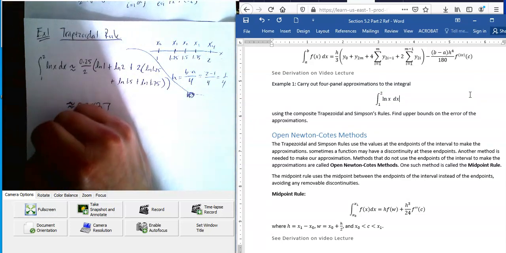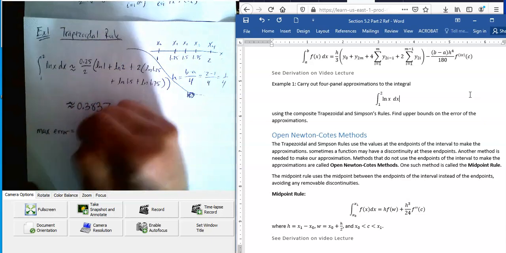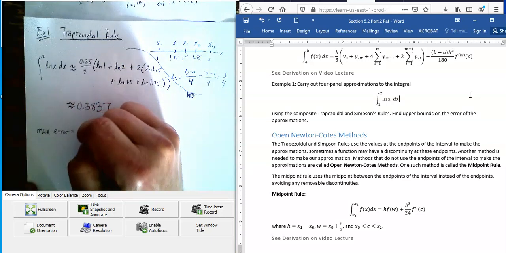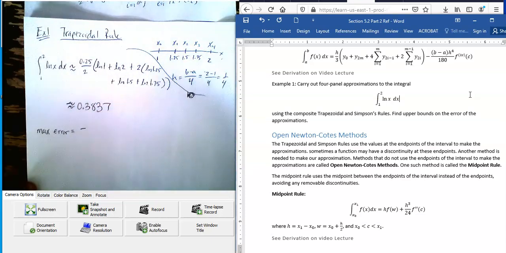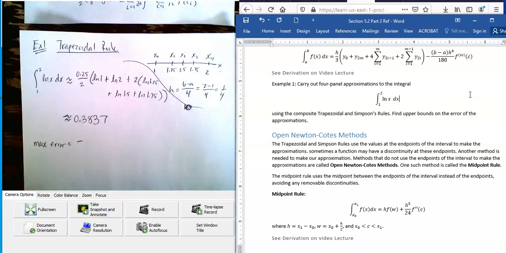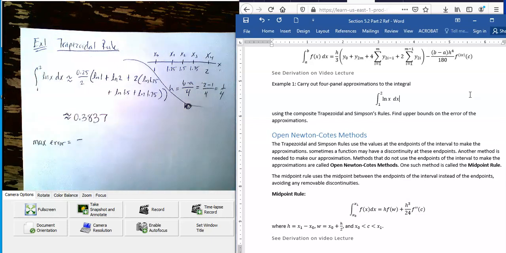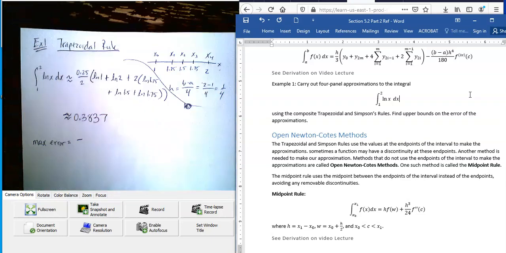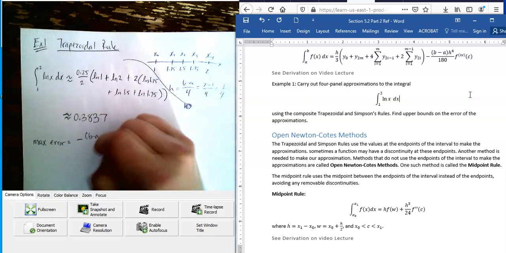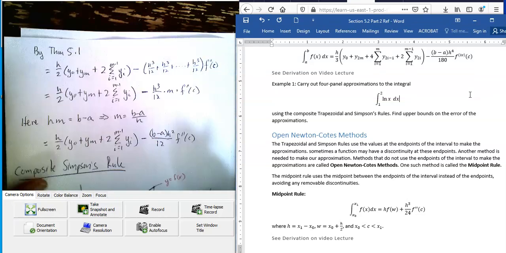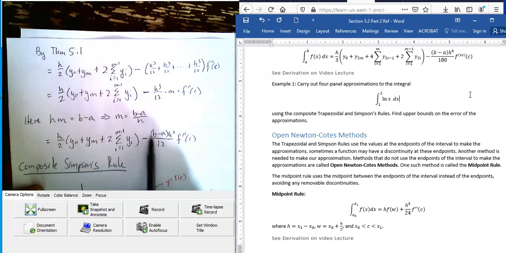So the maximum error is given by negative b minus a. So just utilizing the error term there, okay?